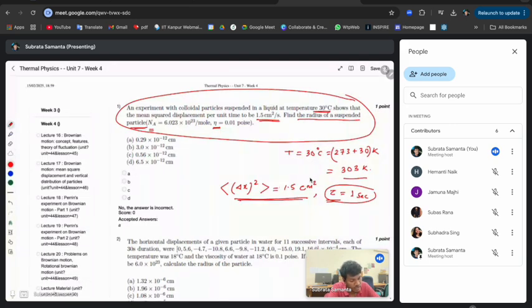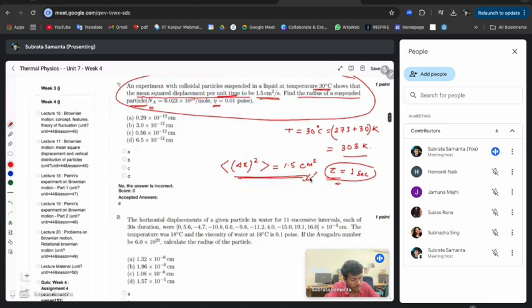That is the statement: the mean square displacement per unit time, so I consider tau is 1 second and delta x square is 1.5 centimeter square. The dimension of this is length square, centimeter square, so it dimensionally matches, and we have to calculate the radius r of the suspended particle.